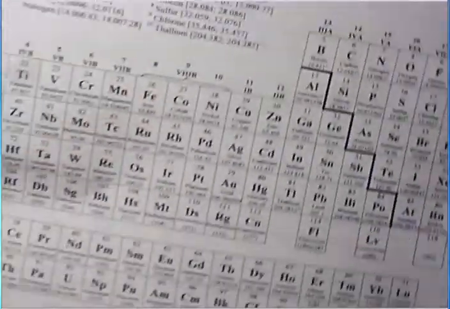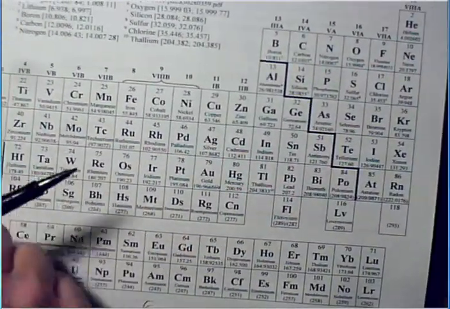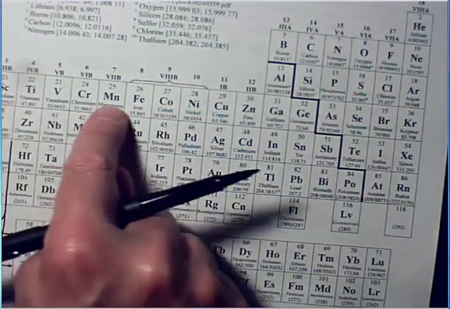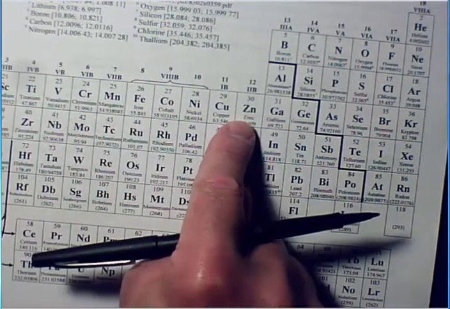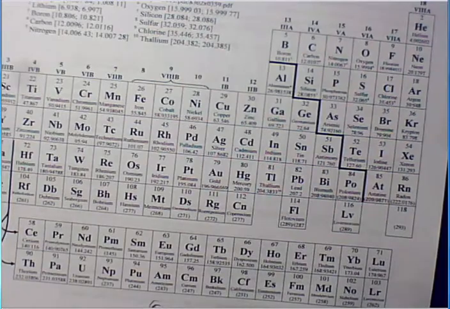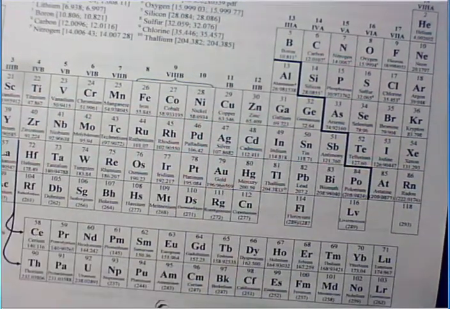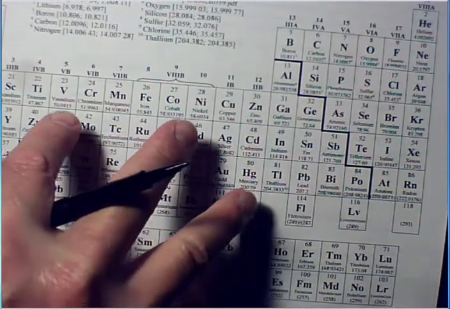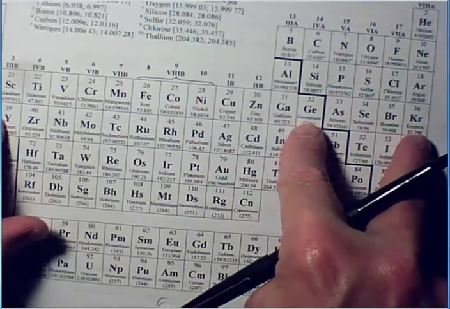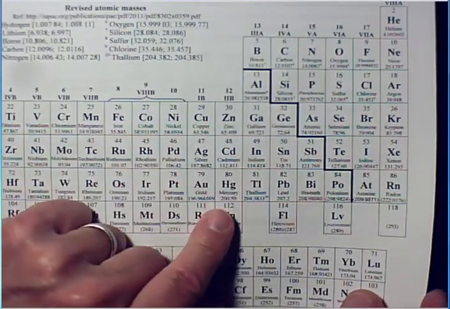Well, that poses a problem when we get into these atoms, especially over here. Because if I'm going to have 8 electrons, this row right here represents the filling of 10 extra electrons. The reason we have these two primary levels here has to do with where these electrons are going to go.